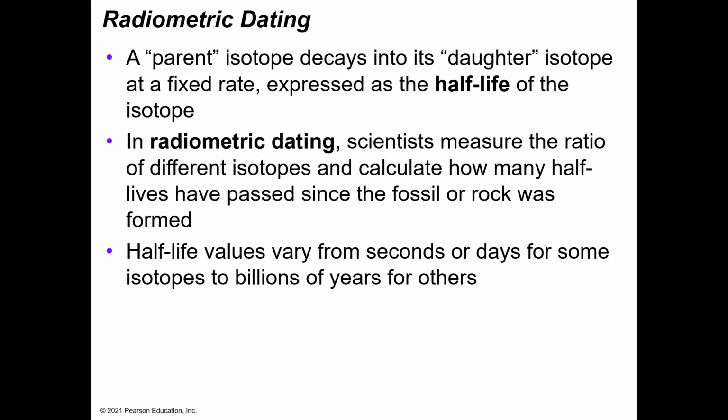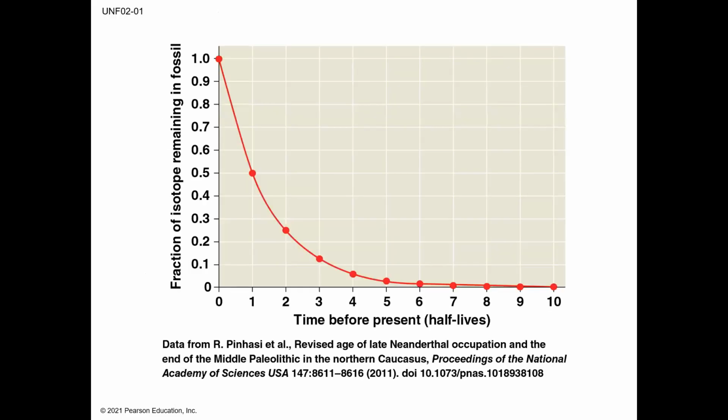Half-lives can vary from seconds or days or even to billions of years. If we're talking about uranium, which has the largest half-life, it's measured in the billions of years. So that's how we know how old the planet is, because we can look at the half-lives, the ratio between the parent and the daughter. And so here's a diagram that's showing you what happens after each half-life.